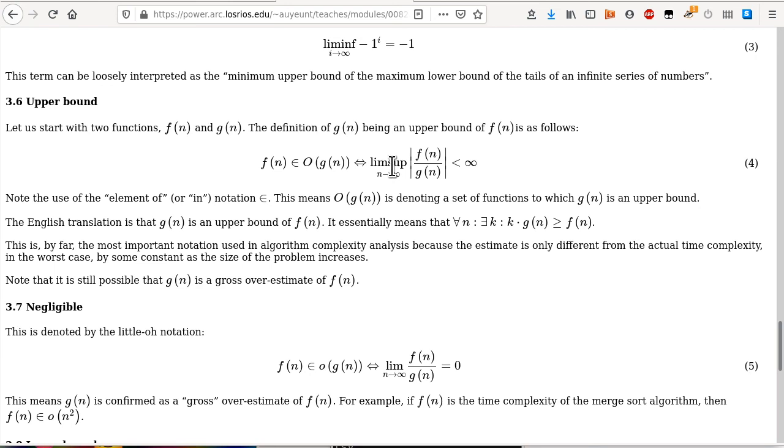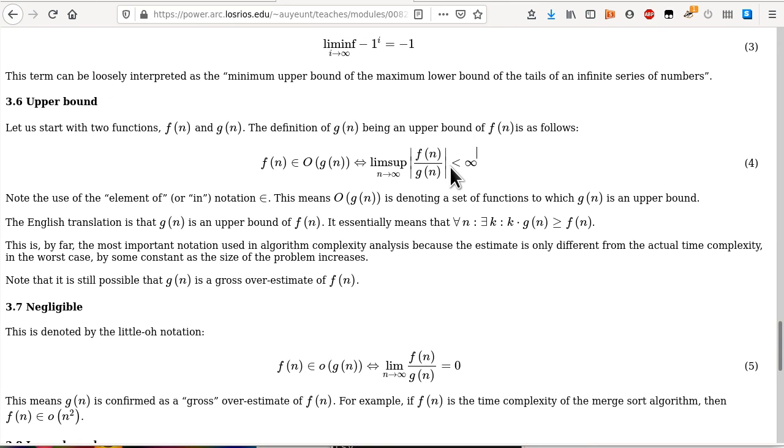So when we look at the lim sup, the limit superior of f of n divided by g of n, if that is a value that is not infinity itself, in other words, if this is not approaching infinity and instead it is a constant of some kind, then we say that g of n is an upper bound of f of n. That seems pretty simple, right?